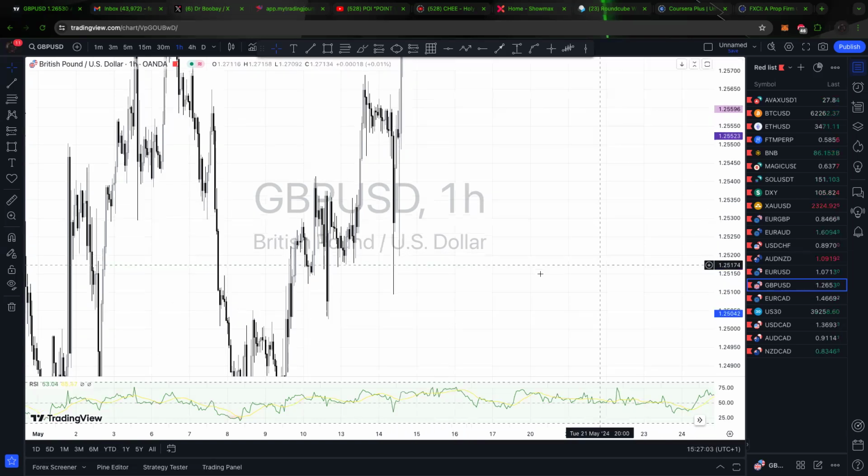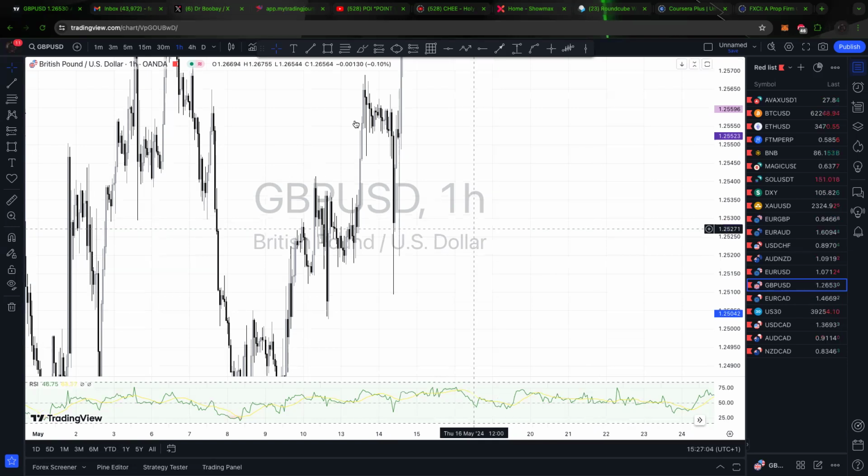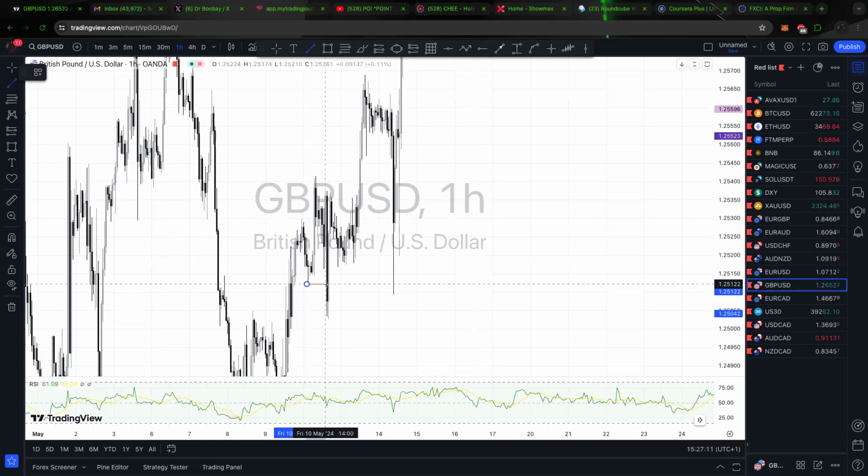I can't remember if I took this trade on the 1 hour time frame, but I think it's the 1 hour. So we had our sweep right here, and immediately after that sweep, price pulled up. This is another scenario of creating structural liquidity. Price pulled up and created structural liquidity right here.